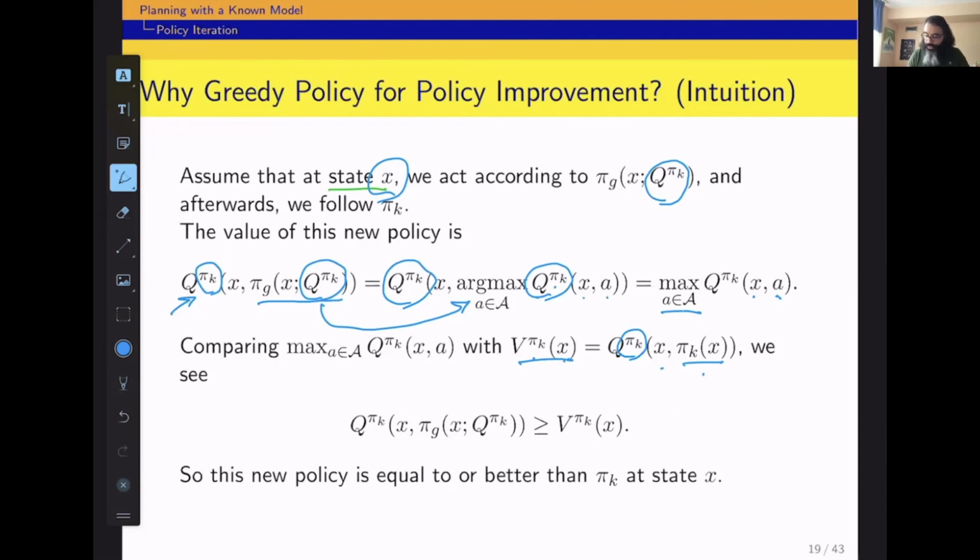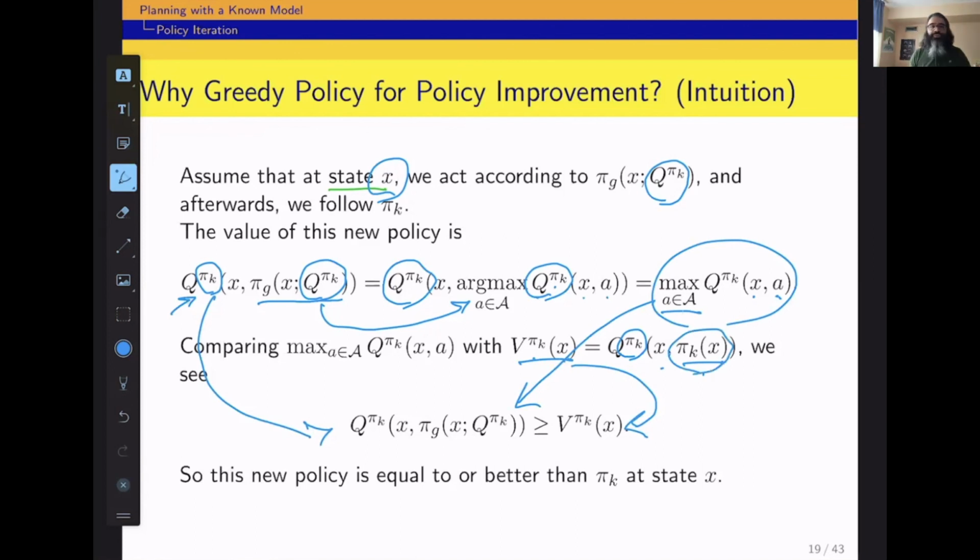So what I want is to compare this quantity with the value function. Notice that, because of this relation, this is equal to the maximum of the action value function, and a maximum is always larger than or equal to a specific choice selected by pi k.